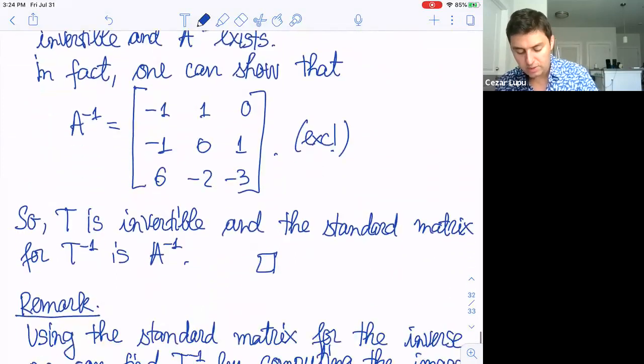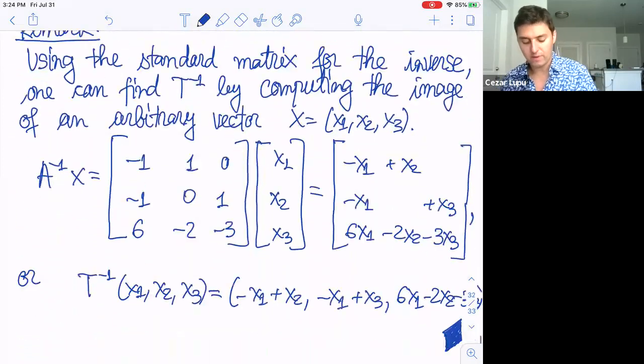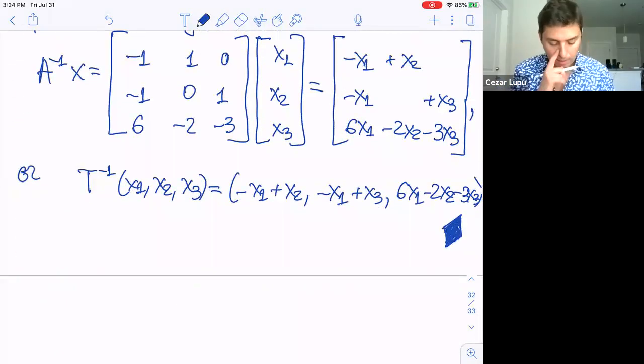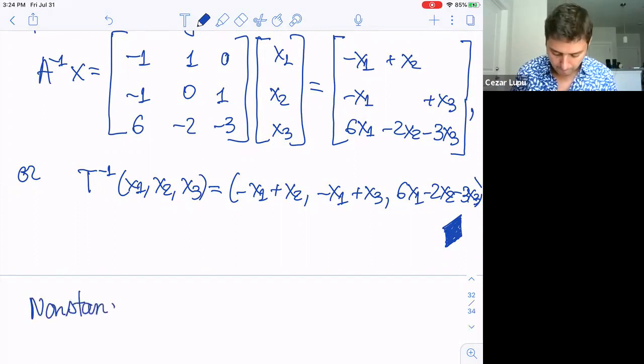Anyway, it's pretty straightforward, but I'll do more examples in the review session. And now I want to talk about something, I think it will take 10, 15 minutes at most, non-standard basis, but I want to mention this as well, basis.